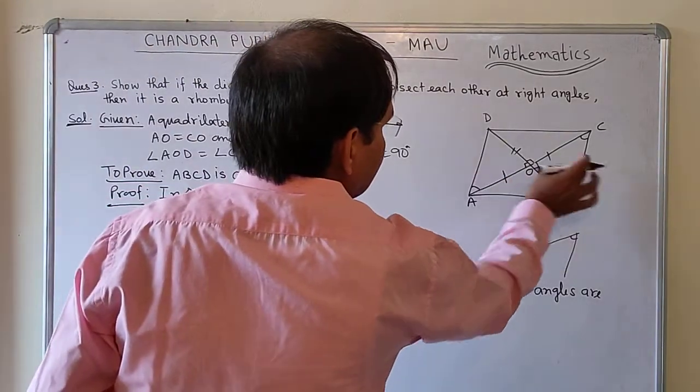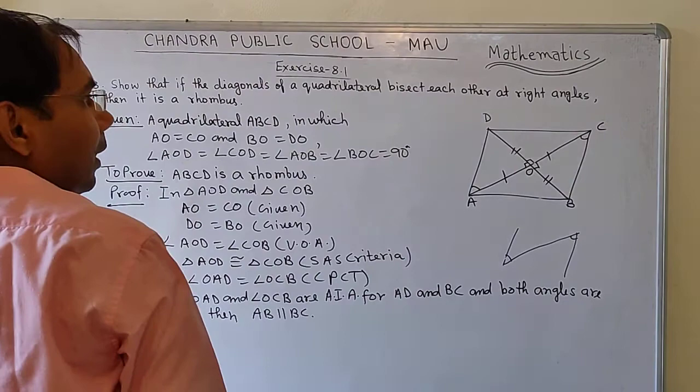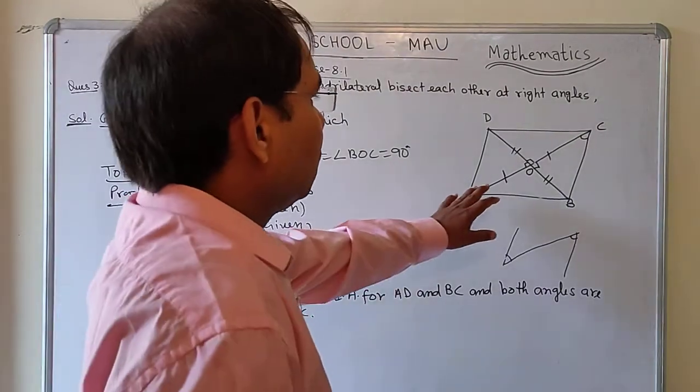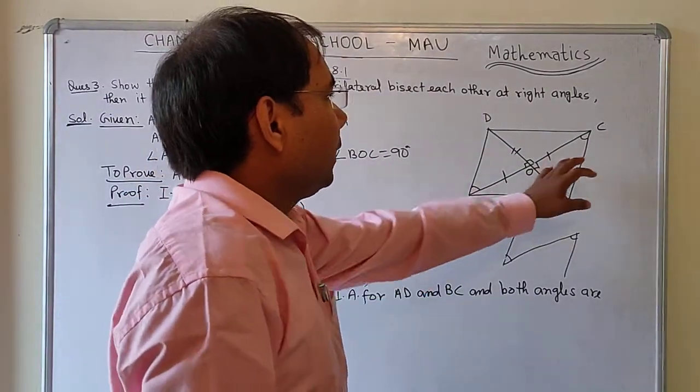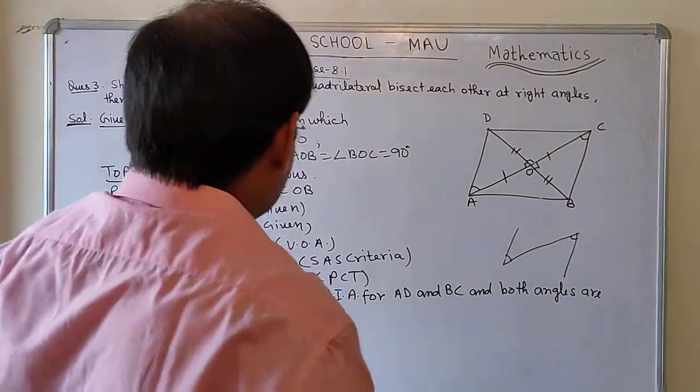Here you have to prove that AD and BC are parallel. So note down up to here. Here you have to prove that AD and BC are parallel.